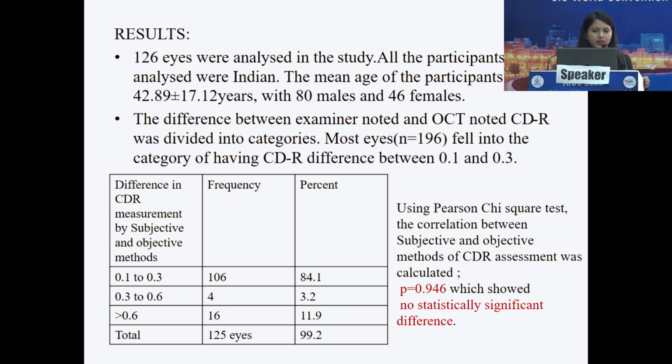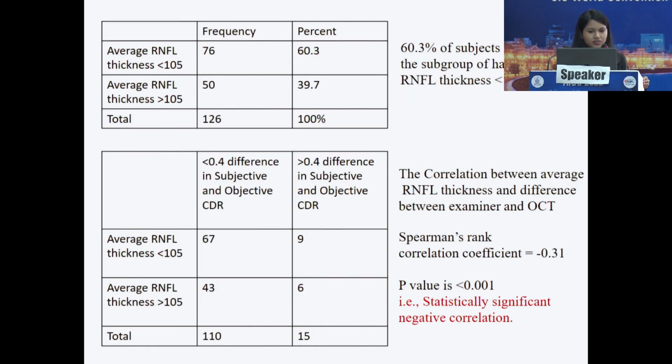The difference between the examiner and the OCT noted cup to disc ratio was divided into categories, with most eyes, 106, falling into the category of having cup to disc ratio between 0.1 to 0.3. And using the Pearson chi-square test, the correlation between subjective and objective methods was calculated, which was 0.946, which showed no statistically significant difference.